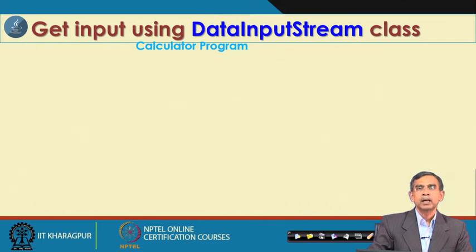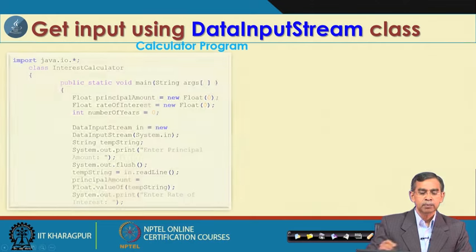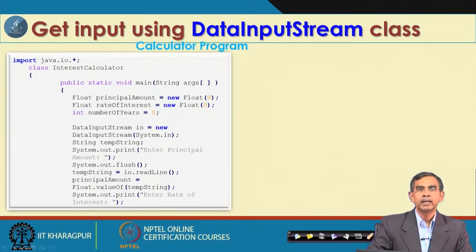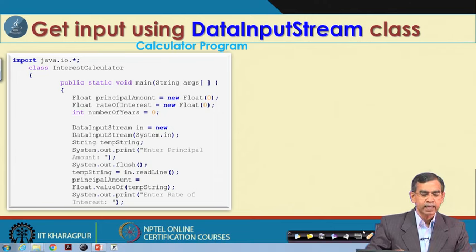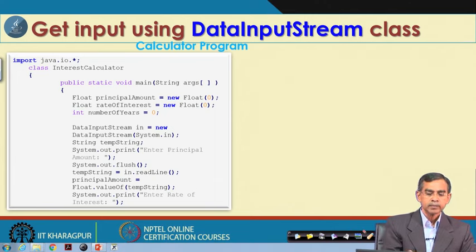Suppose the calculator program to calculate something will read some value from the input, say maybe standard input. The program we are already familiar with this kind of program. As we see, we have given the name of the class as InputInterestCalculator.